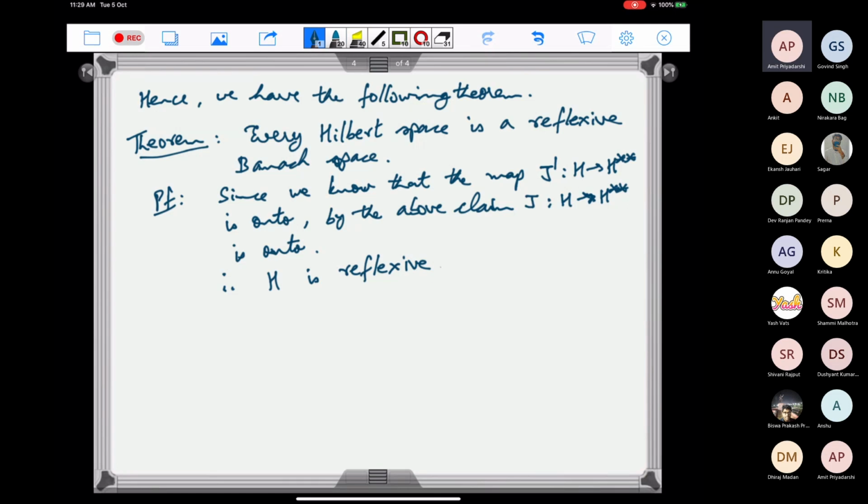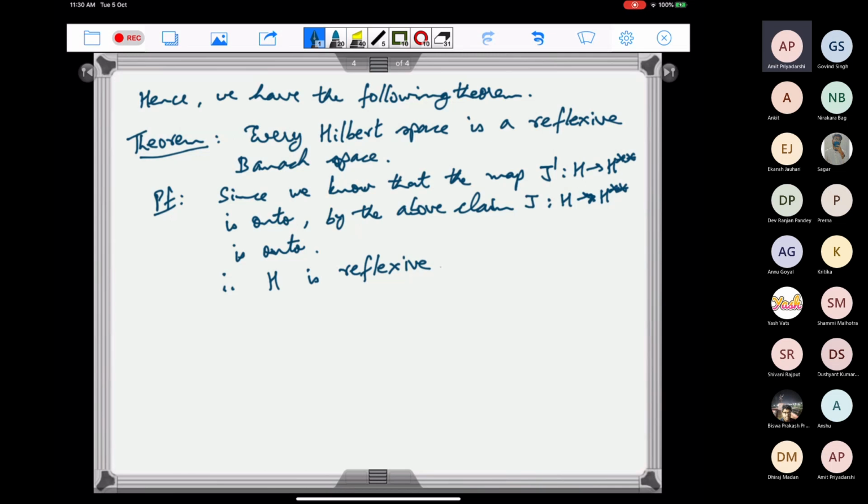Okay, so now let me also talk about the adjoint of a bounded linear operator on a Hilbert space, because again we need this Riesz representation theorem for that.